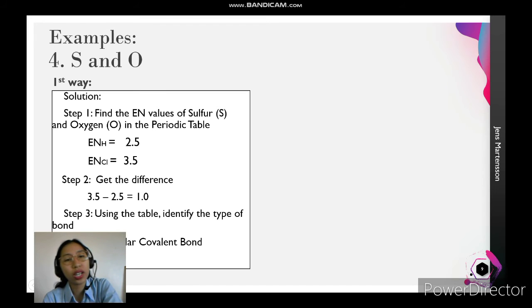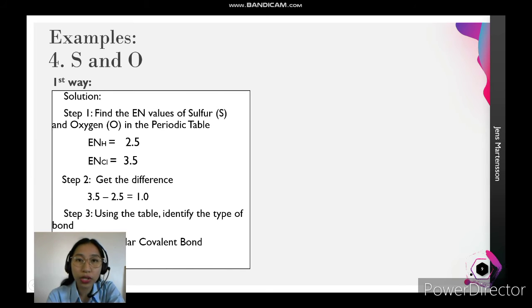So the electronegativity value of S is equal to 2.5, whereas the electronegativity value of O or oxygen is 3.5. Now we are going to get the difference between the two numbers, starting with the bigger value, which is 3.5 minus 2.5. That is equal to 1.0.